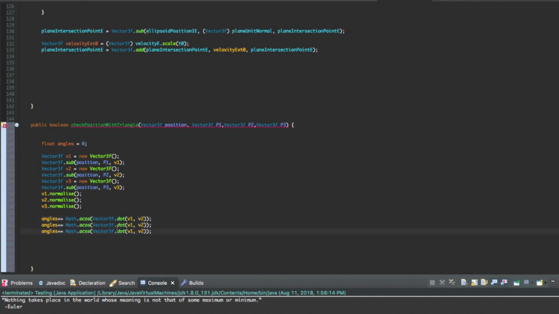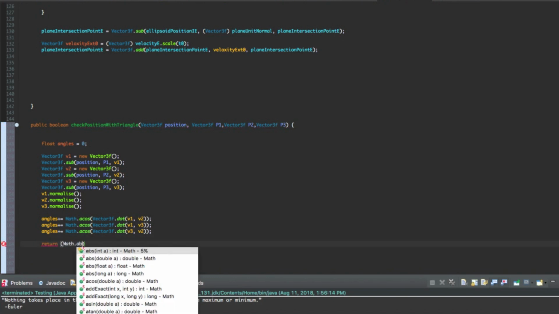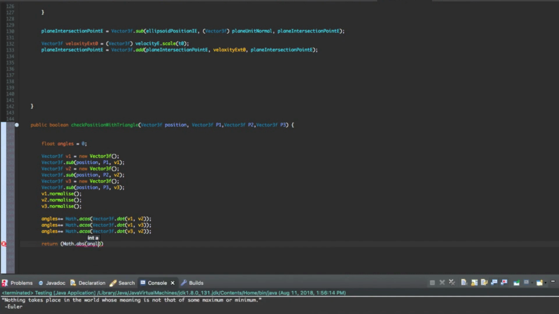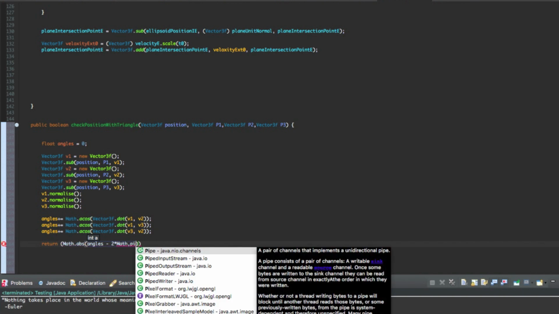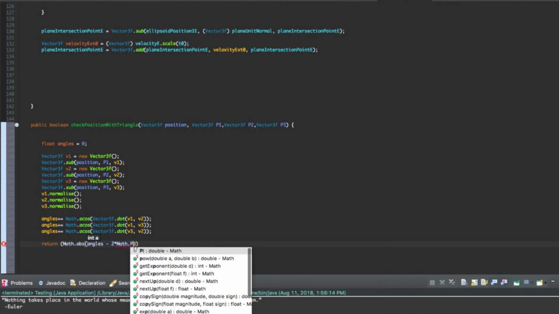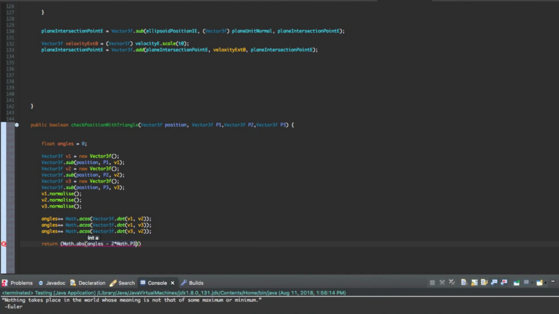We'll do it 2 more times, one between V3 and V1, and one between V3 and V2. And now our angles variable will hold the total sum of all of the angles between our 3 vectors, and so we just have to return a conditional statement basically checking to see if those angles add up to 2 pi.